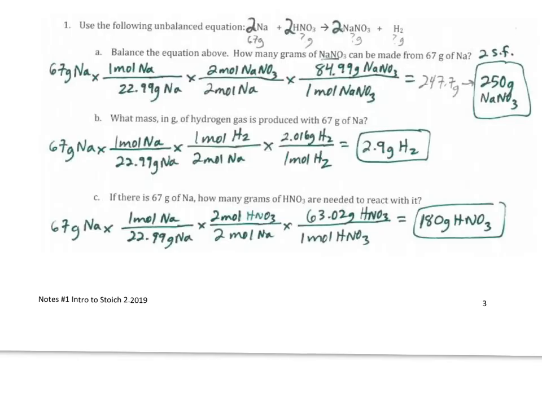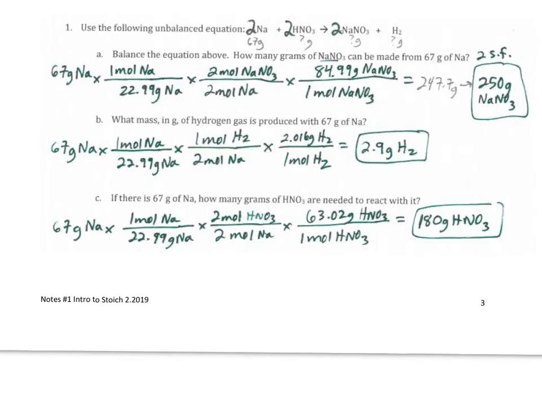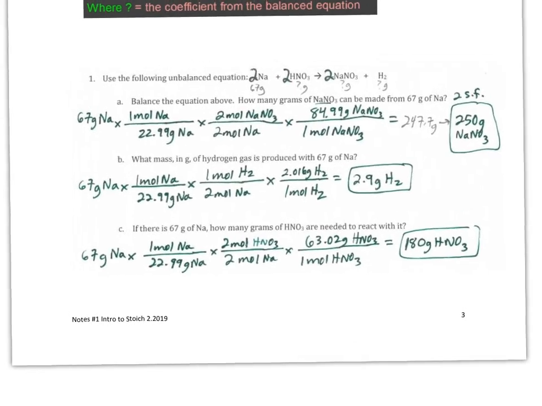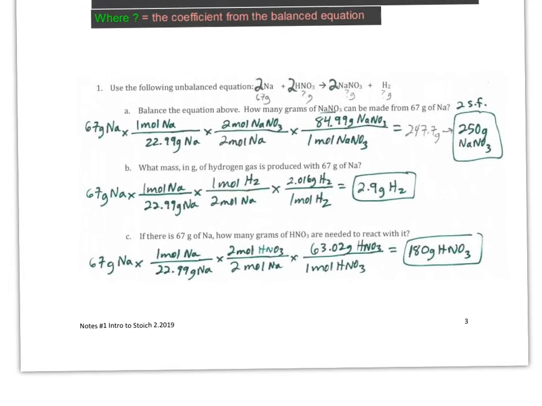Then for letter C, it says if there is 67 grams of sodium, how many grams of HNO3 are needed to react with it? So again, we have 67 grams of sodium, so we're starting with that one, how many grams of HNO3?